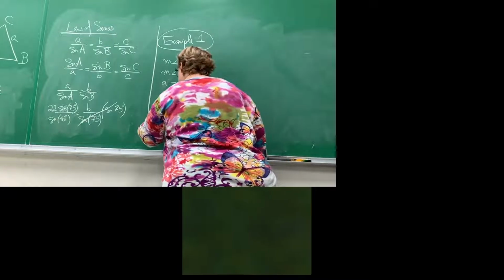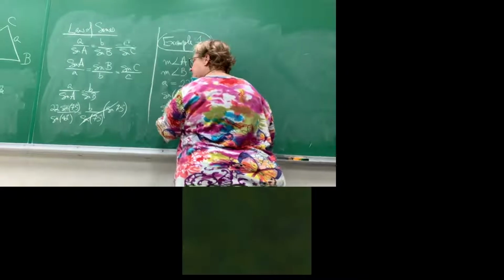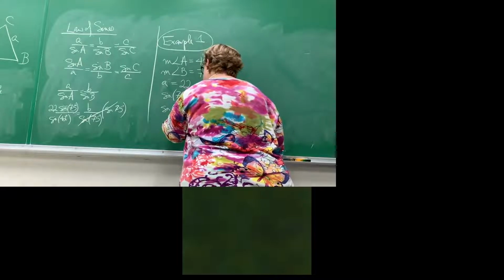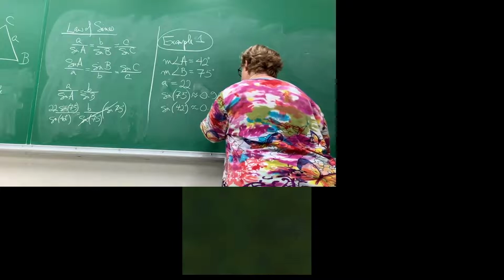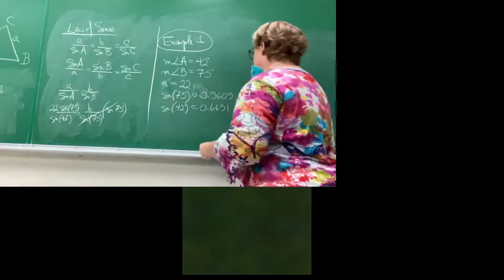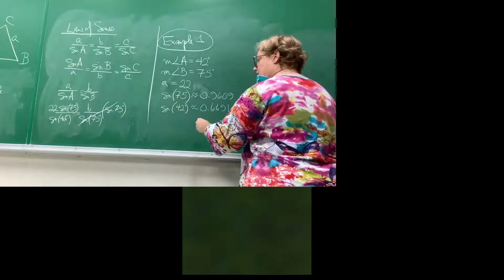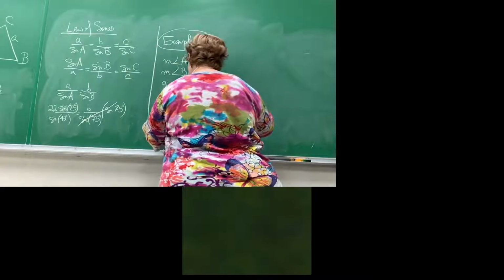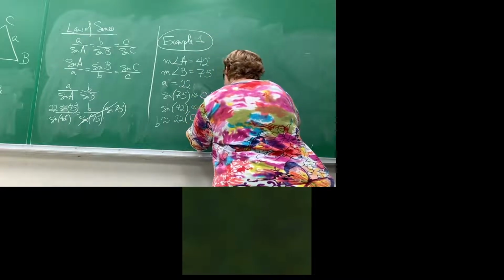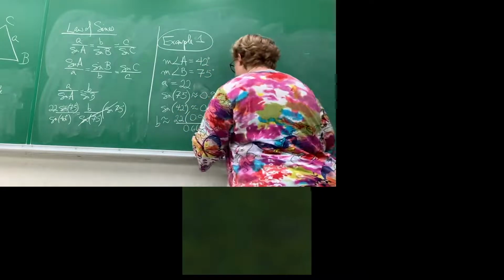All right, and to 4 decimal places, what is the sine of 42 degrees? 0.6691. Marvelous. And now we get that b is approximately 22 times 0.9659, all divided by 0.6691.